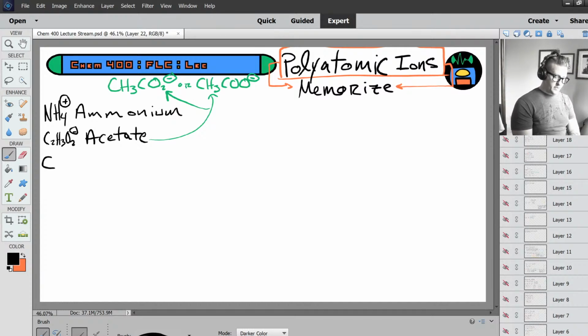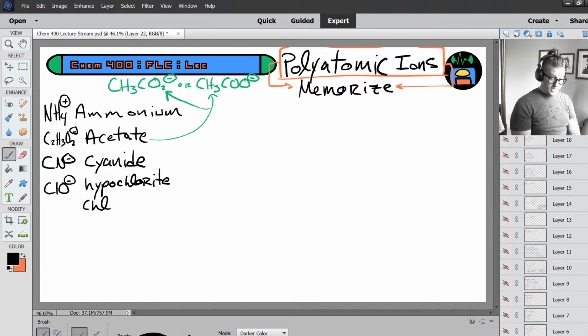Next, we have a cheery one, cyanide, which is CN with a negative charge. We have hypochlorite, which is ClO, charge negative 1.